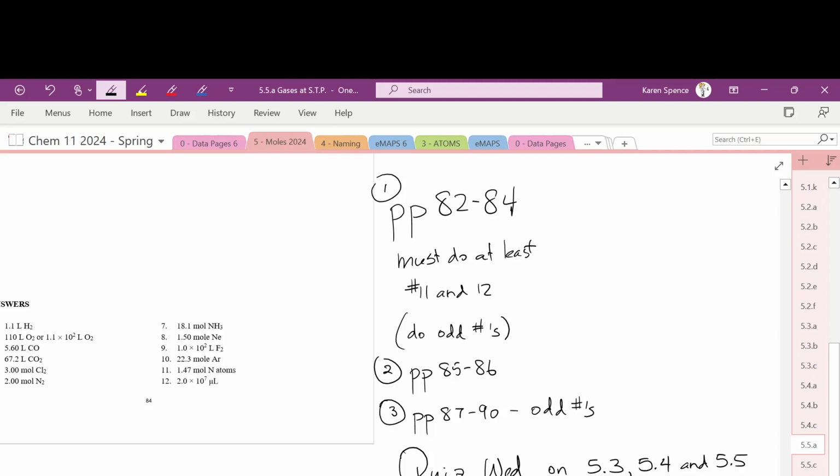So that's molarity, density and molar mass of an unknown substance, and moles and gases. Okay?